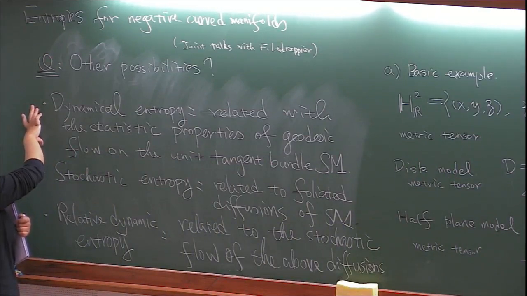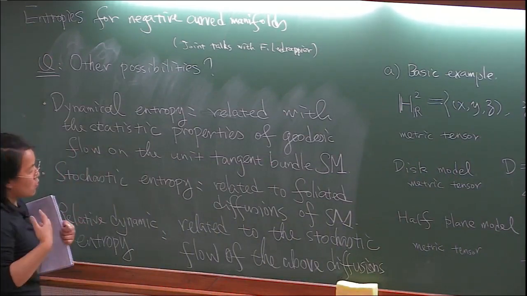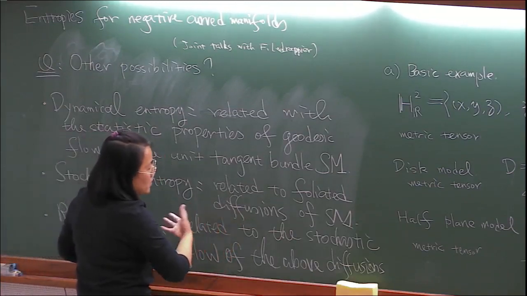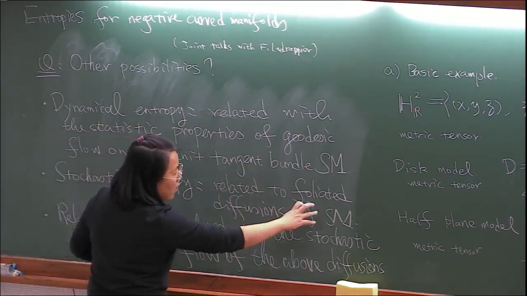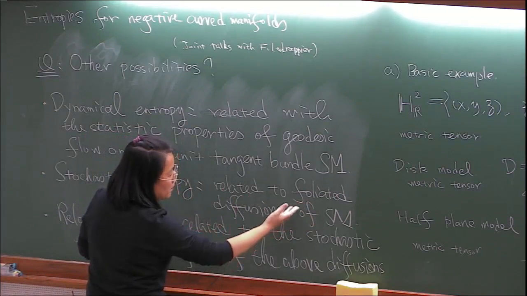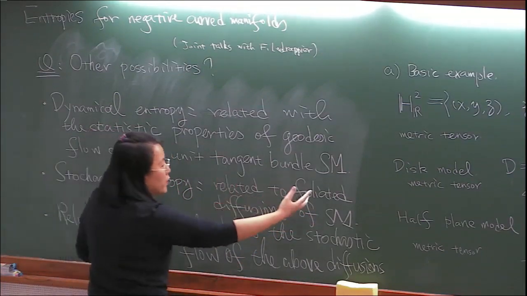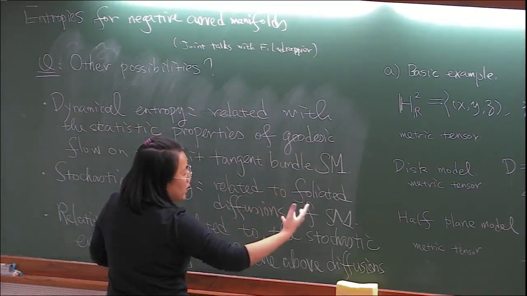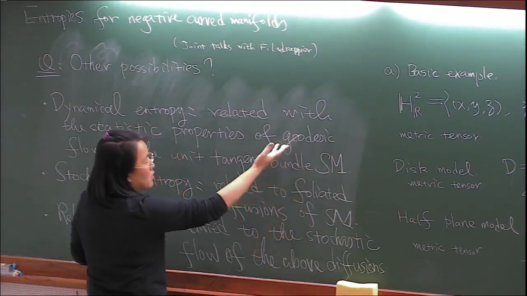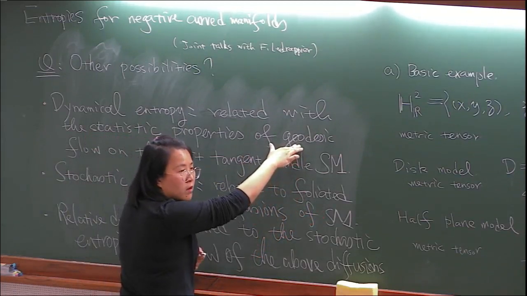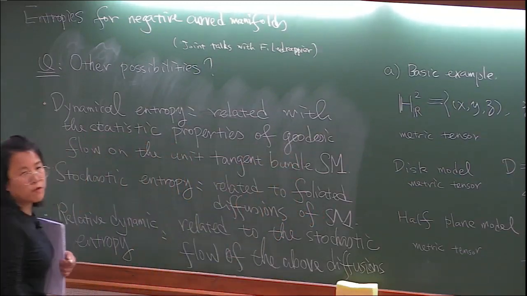Because when we talk about these diffusion things, it will rely on our consideration of these foliations, and we have several natural foliations which arise from the geodesic flow.